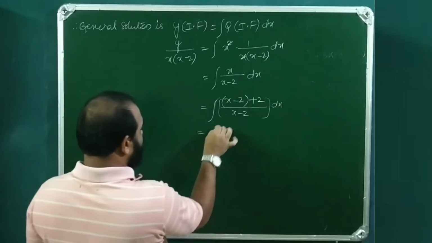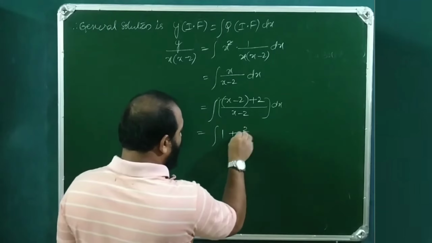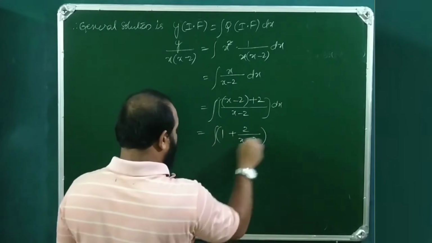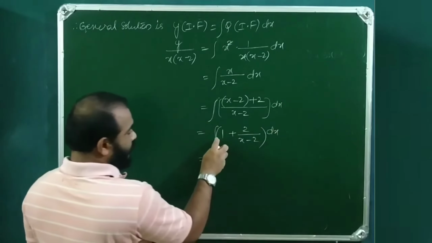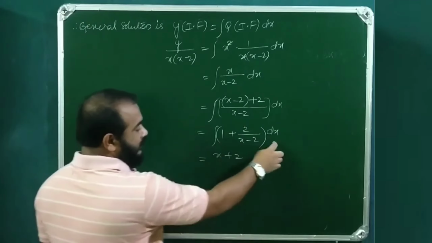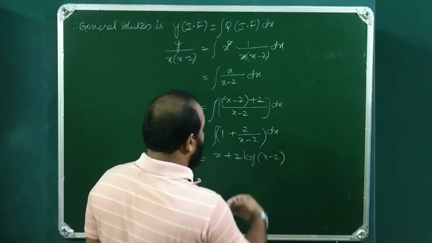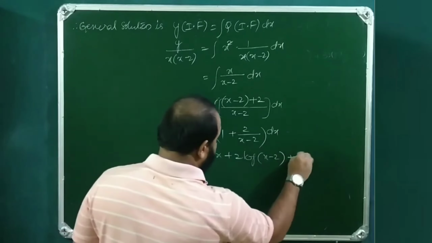This is equal to x minus 2 by x minus 2, which is 1, plus 2 by x minus 2 dx. So integral 1 dx is x plus 2 into integral 1 by x minus 2 dx, which is log of x minus 2, plus constant of integration c.